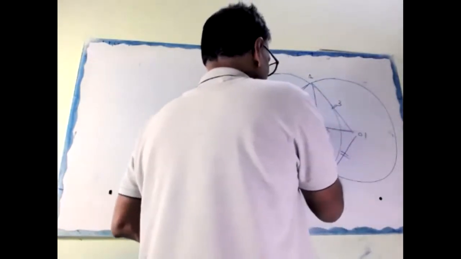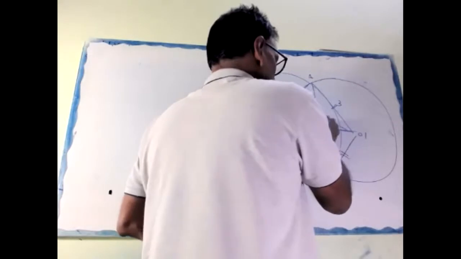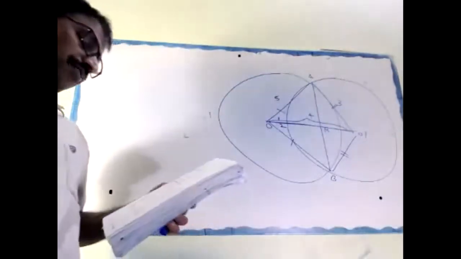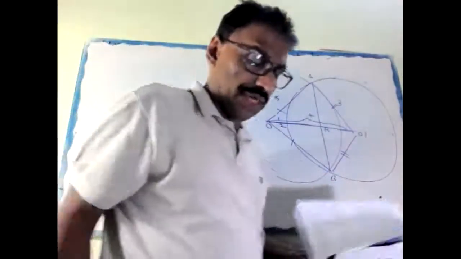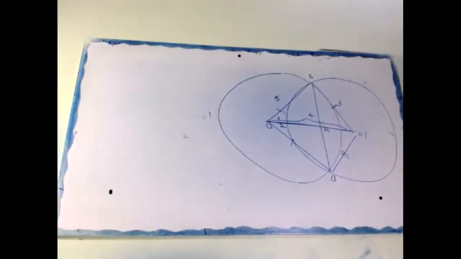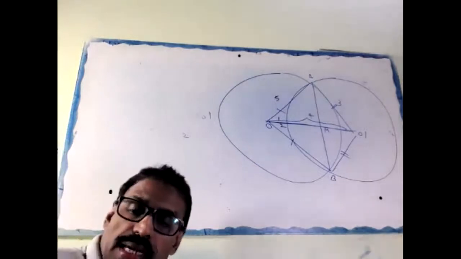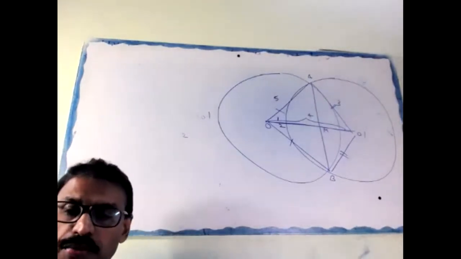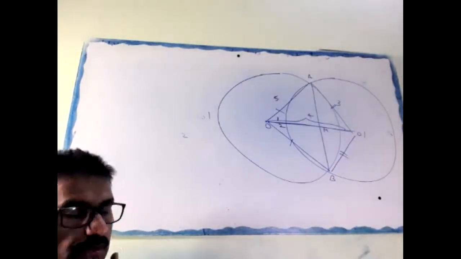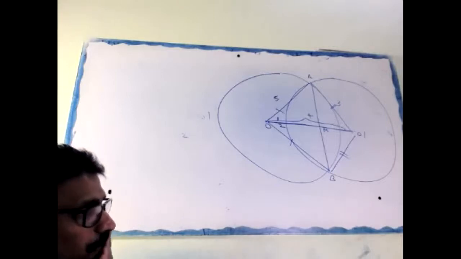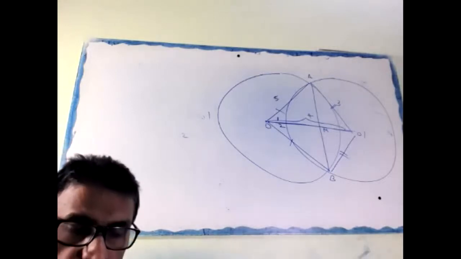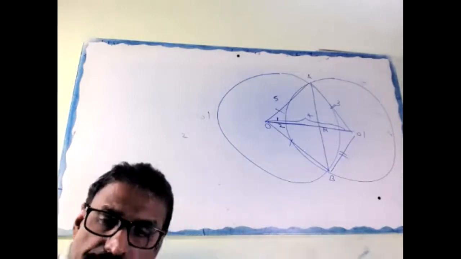Find the length of the common chord. That means we have to find the length of AB. Clear now? Question clear or not?